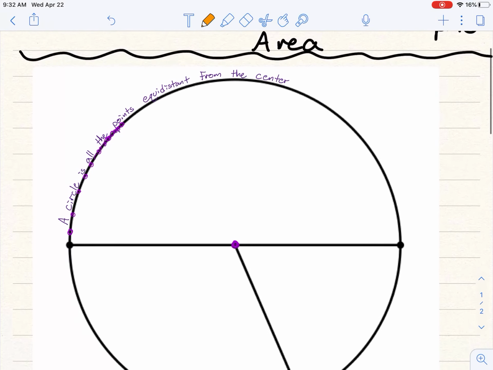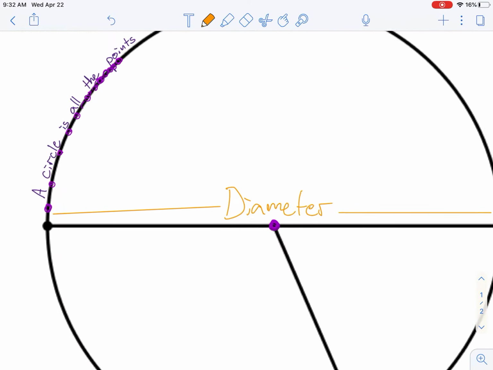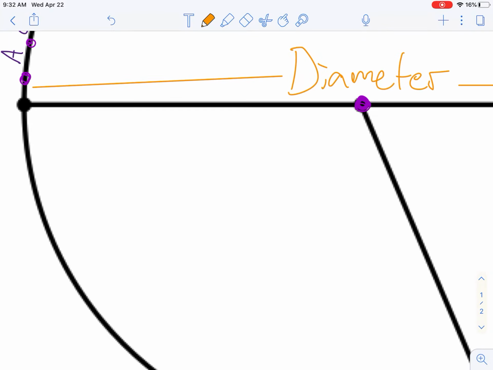Now, there's a few things that we want to define as we start talking about circles. The first being the diameter. So the diameter is all the way across, through the center of the circle. So I'm going to write diameter there. And then over here, I'm going to define it.